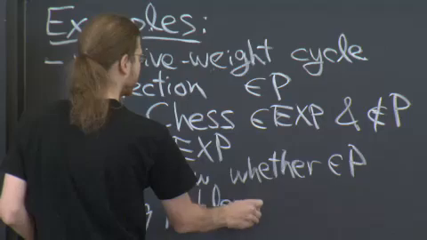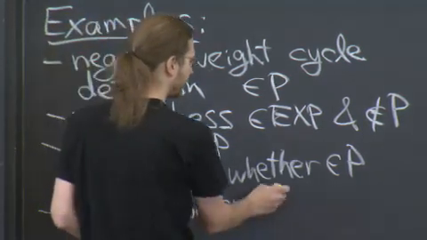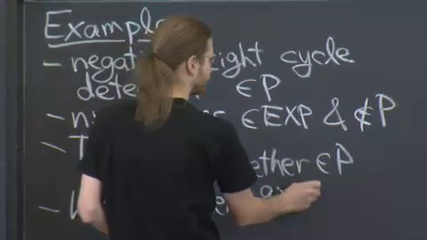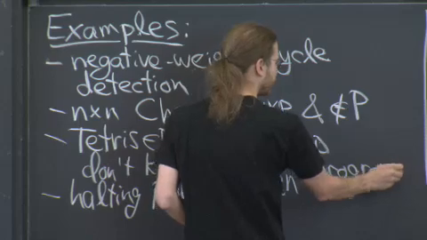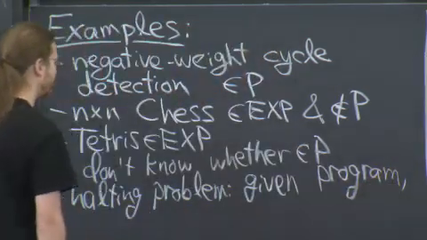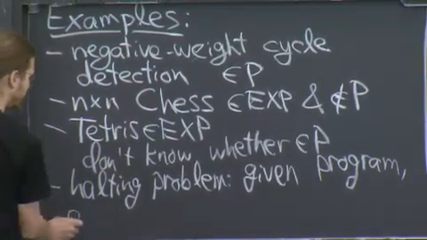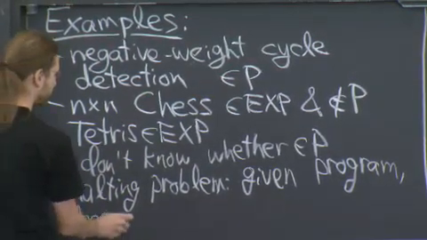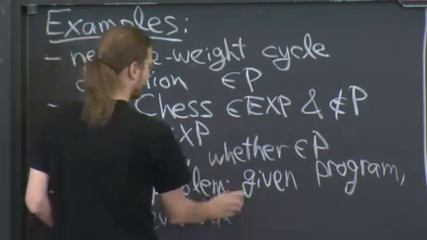So the halting problem is particularly cool, as we'll see, or interesting. It's a problem of, given a computer program, Python, whatever, it doesn't really matter what language. They're all the same in a theoretical sense. Does it ever halt? Does it ever stop running?